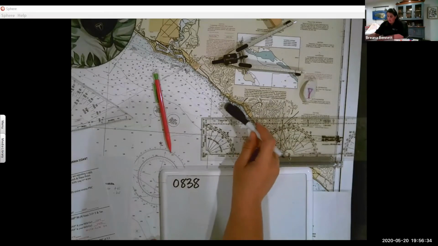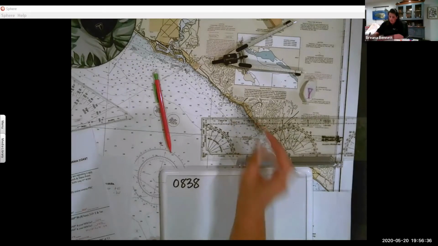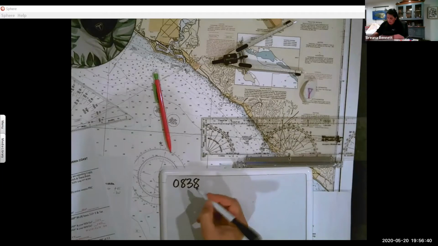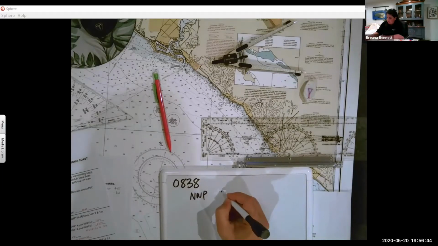This is at 8:47. So a little bit before that, we take a fix and we get the NWP buoy bearing 313 degrees true.